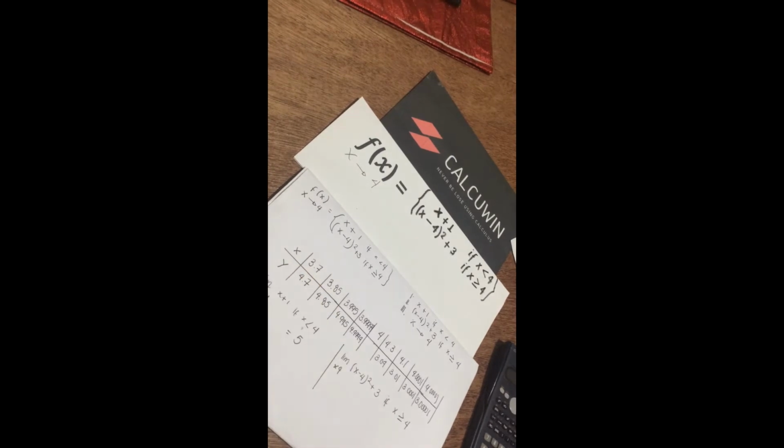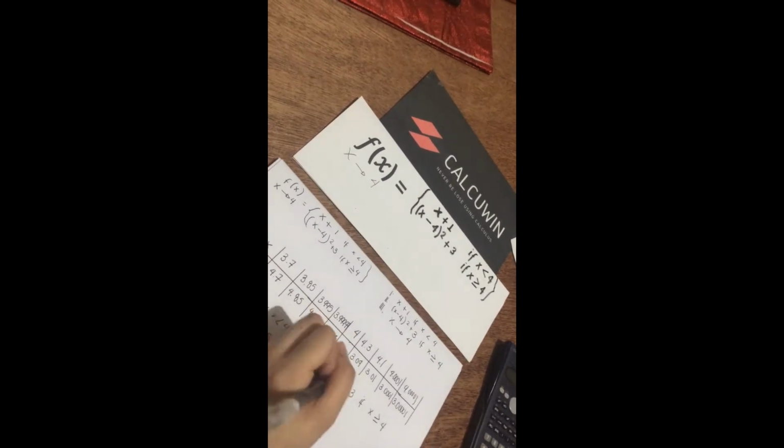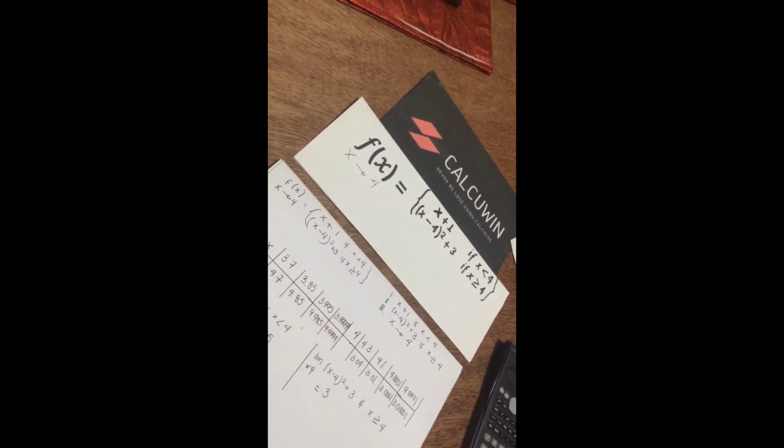So as we can see in our one-sided limit, we got different numbers, which means our limit does not exist.